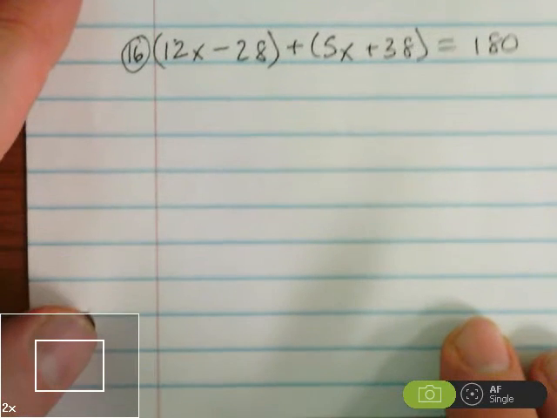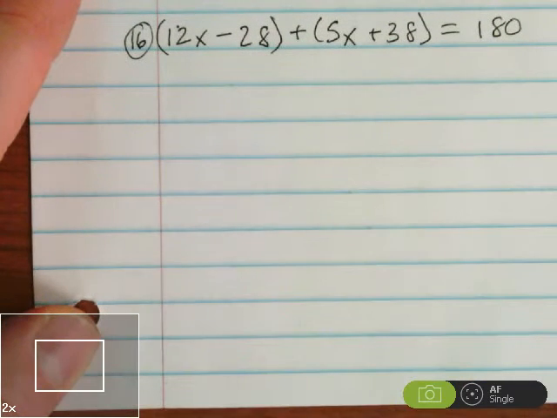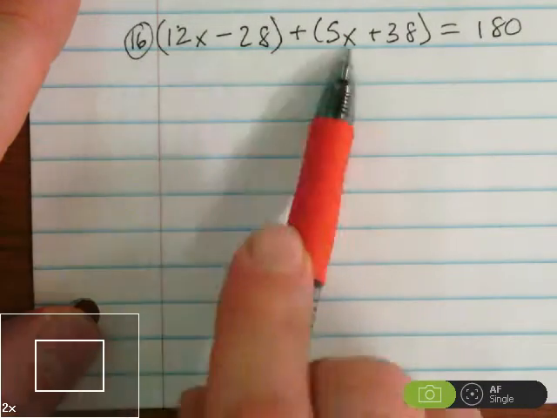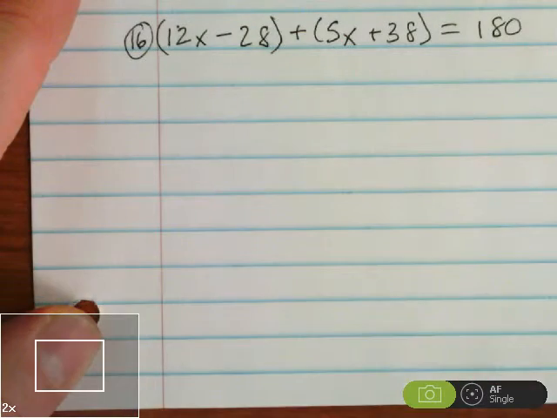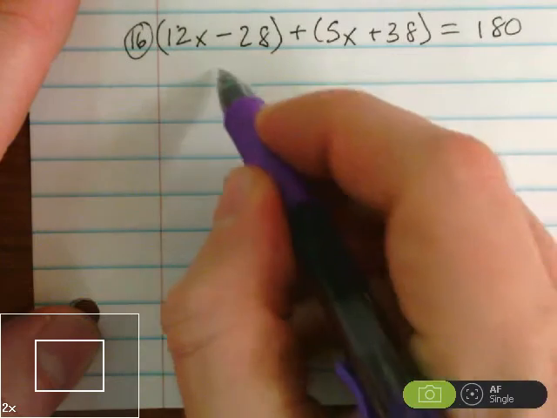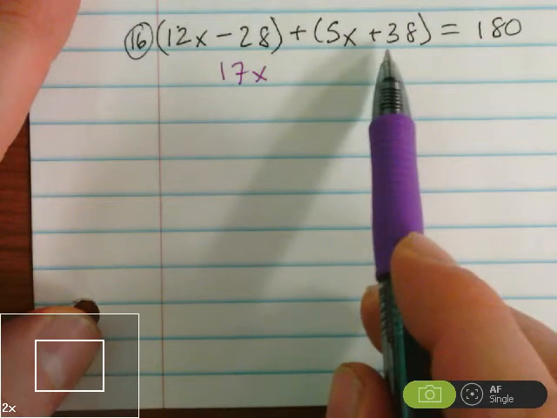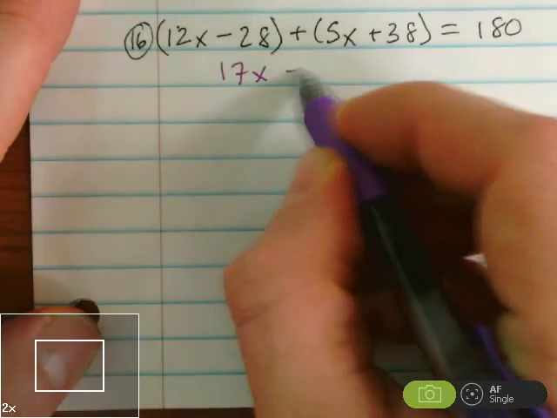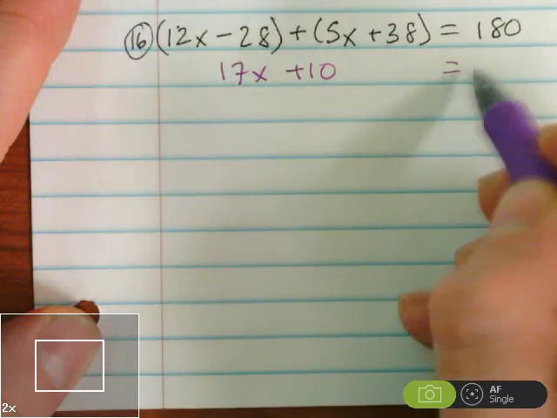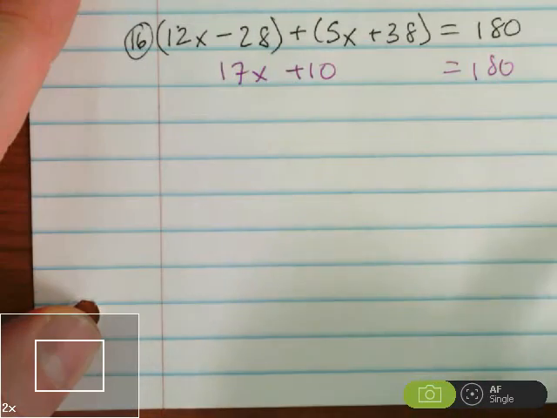All right, next up, 16. We've got to do some combining like terms. 12x and 5x combine to make 17x, negative 28 and positive 38 combine to make a positive 10 equals 180.